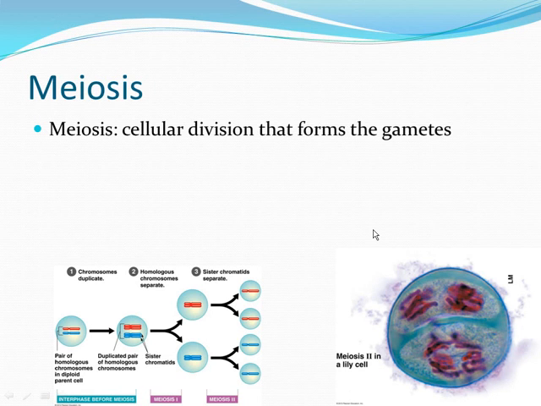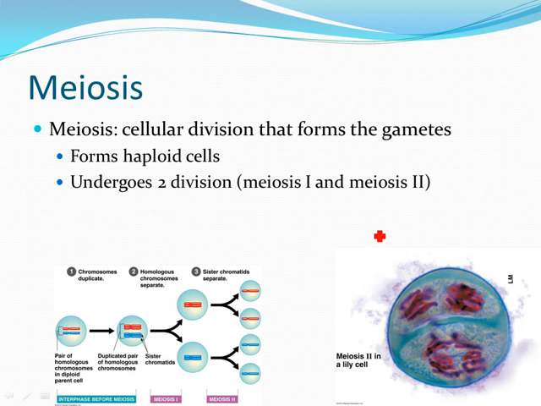So meiosis is a cellular division to help us form the sperm and eggs, the gametes. We end up forming haploid cells, so only 23 chromosomes for humans, and it undergoes 2 cellular divisions, meiosis 1 and meiosis 2. We'll talk about how it causes genetic variation as well, but we've already touched upon it a couple times through this lecture and last time we met.